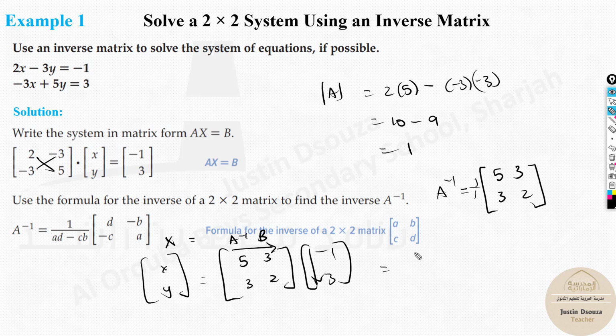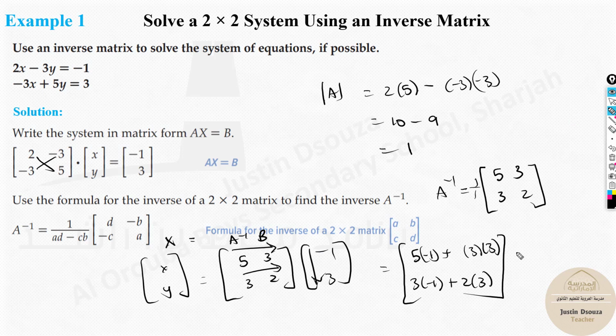It'll be 5 times negative 1 plus 3 times 3, the row with the column. So it is 3 times 3. That's the first, and there is no other column, so it's done. The first value is done, so this is the x value. Now the y value would be the next row with the same column. It'll be 3 times minus 1 plus 2 times 3.